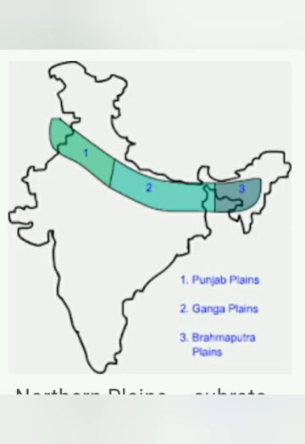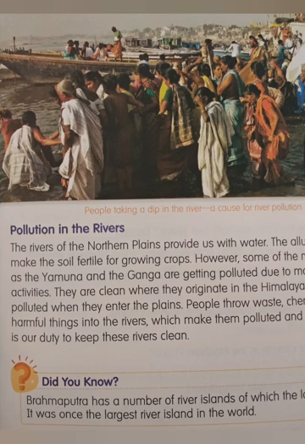Now I would like to talk about the pollution in the rivers, which is a very important point right now. Pollution and control of pollution is a very important point for our youth, for our kids to understand and control. The rivers of the northern plains provide us with water. The alluvium they carry makes the soil fertile for growing crops.